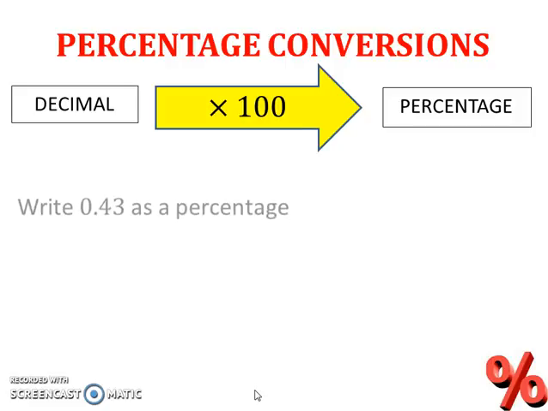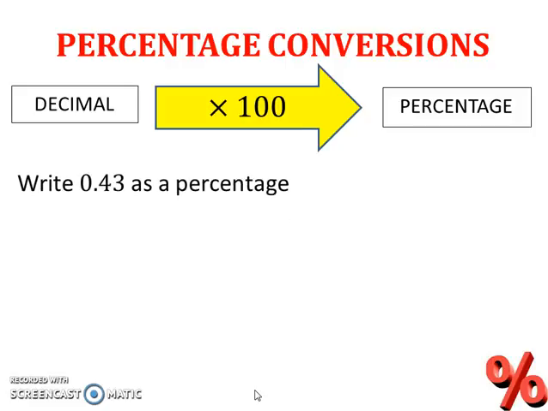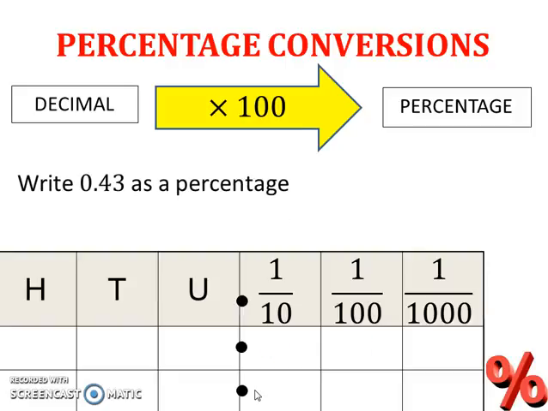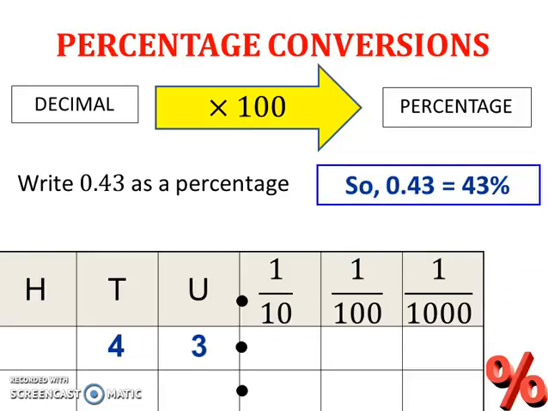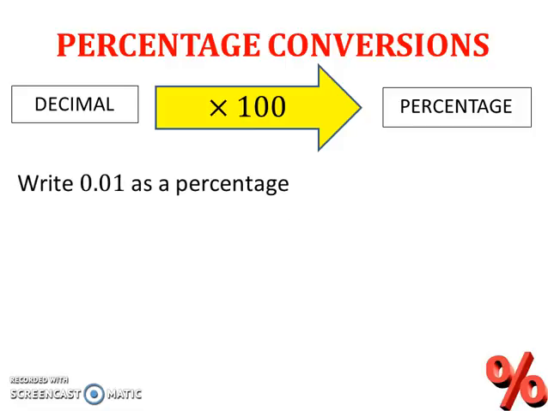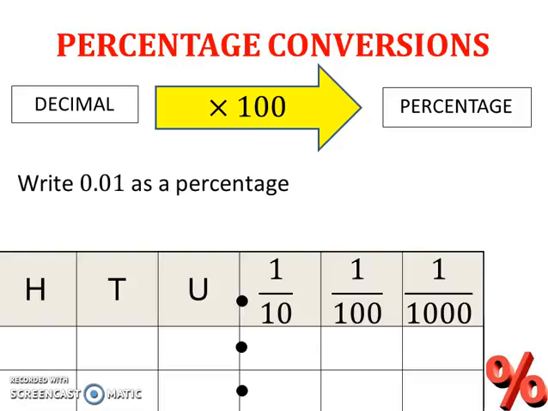Okay, my decimal to a percentage. So this one I'm timesing by 100. Basically, my 0.43, I'm timesing by 100, so I'm moving the decimal point over 2 places. Same idea. So if I move them over 2 places, I get 43%. 0.01 as a percentage, putting that in.